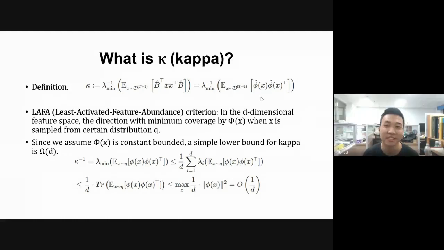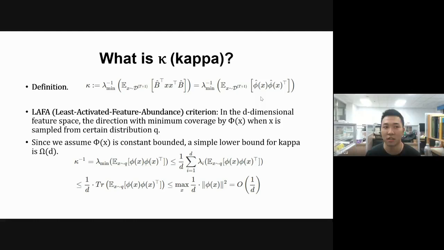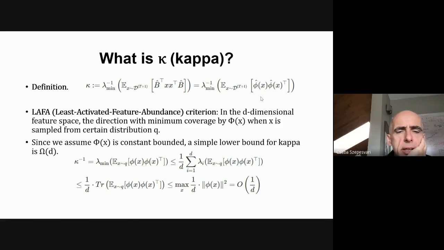Sure. So if you fix phi hat, you could always find some distribution such that this lambda min is 1/d, right? Yeah, so the kappa is d, or maybe a little bit larger, but that's the scope of it.